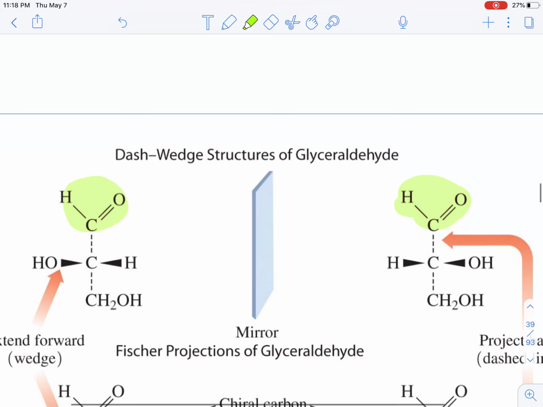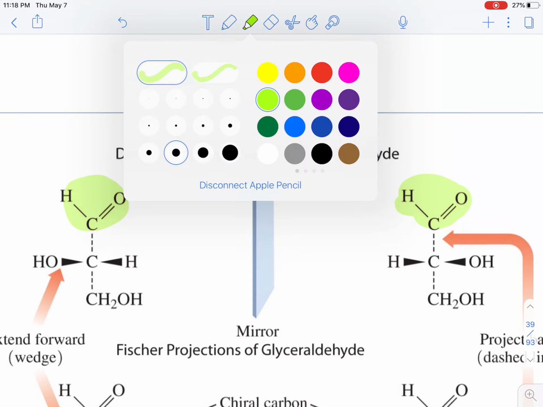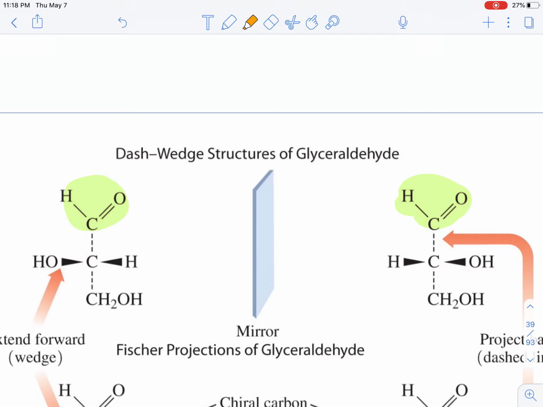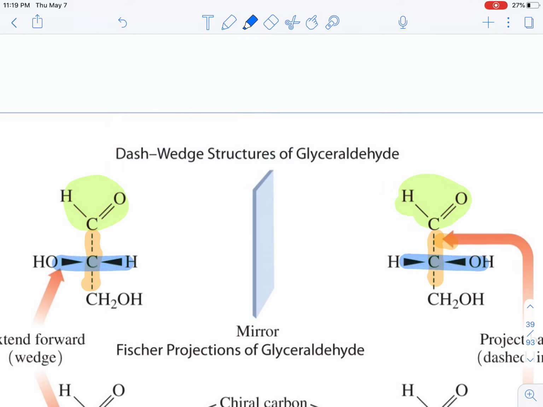And anything that is dashed is going to be represented as a vertical line. And anything that is bold is going to be represented by a horizontal line.